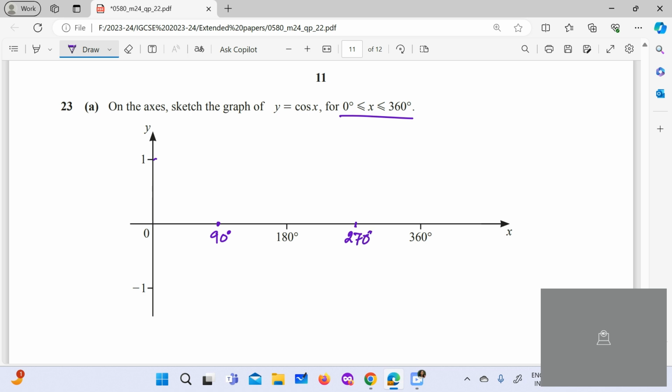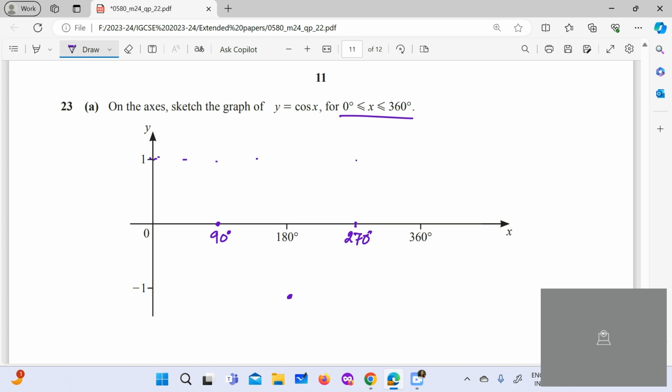And we know that, from here you can use your calculator to write the values of cos 90. It will be 0, and then cos 180 will be -1. Just mark it, and then cos 270 is 0, and then cos 360 is 1.